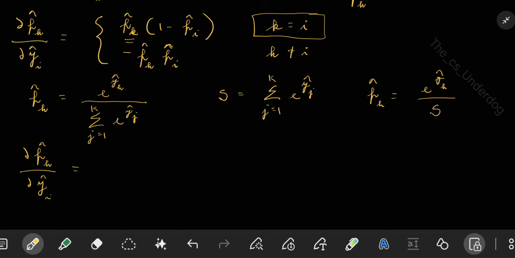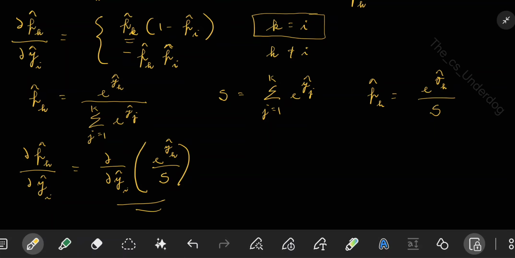This can now be rewritten as del by del yi cap of this particular value, because this is my pk cap. I can write it as e raised to yk cap divided by S.